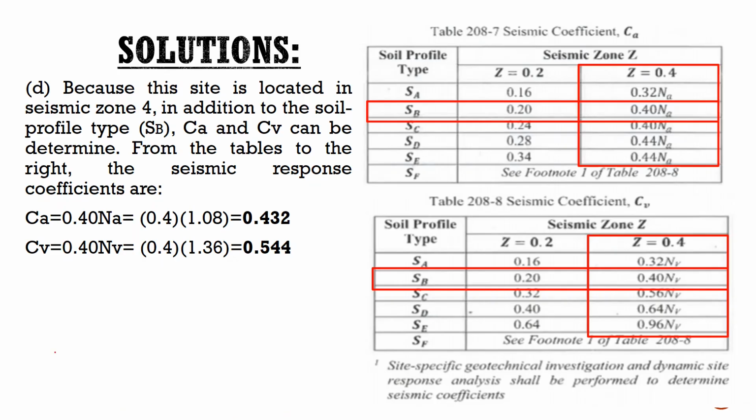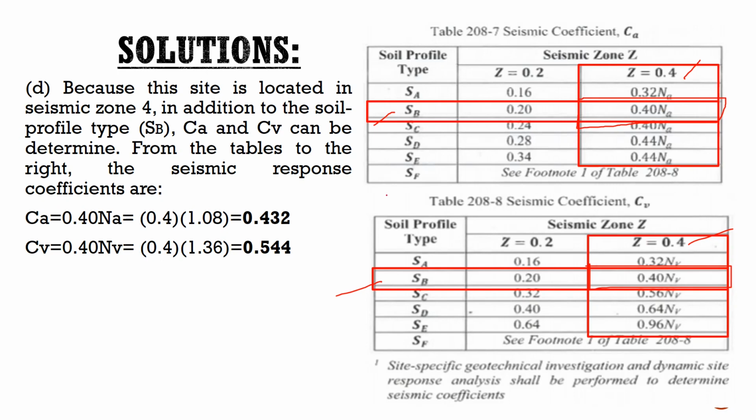And lastly for CA and CV, earlier the soil was classified as SB, then seismic zone 4, Northern California. So we have this CA, guys: 0.4 of NA. The same with CV, SB, seismic zone 4, then 0.4 of NV.